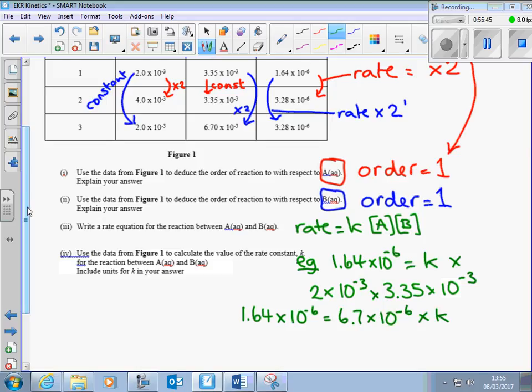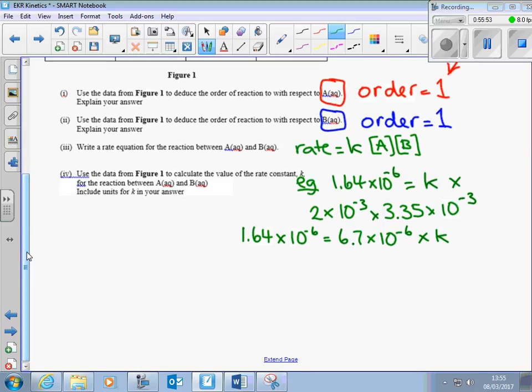Right, if we want to get k on its own then, we'll divide both sides by 6.7 times 10 to the minus 6. So k equals 1.64 times 10 to the minus 6 divided by 6.7 times 10 to the minus 6. Guess what? We can cancel something out there.